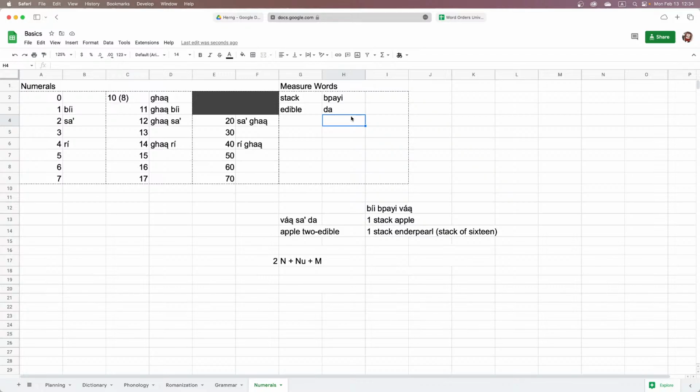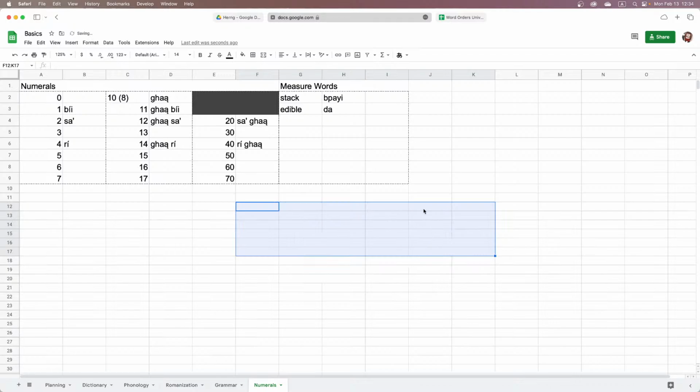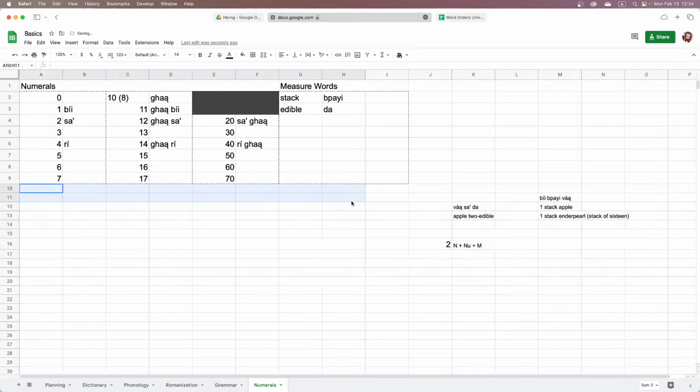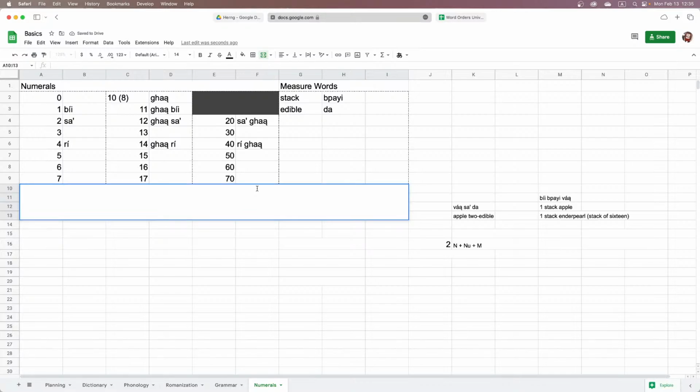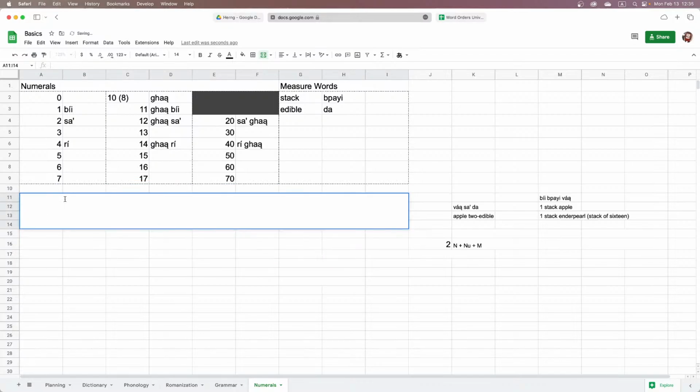That seems like a good system, and now I just have to actually write all that stuff down. So let me move this down. In order to count nouns, measure words are required.